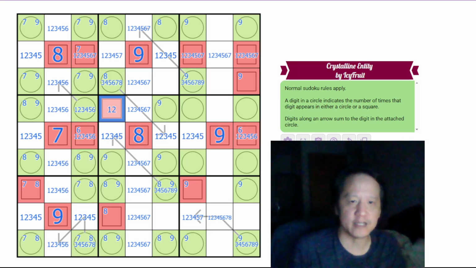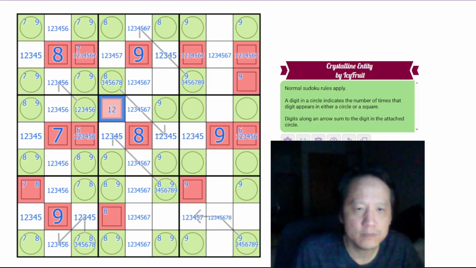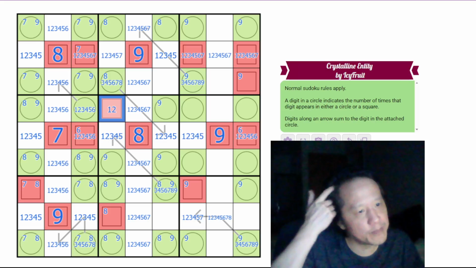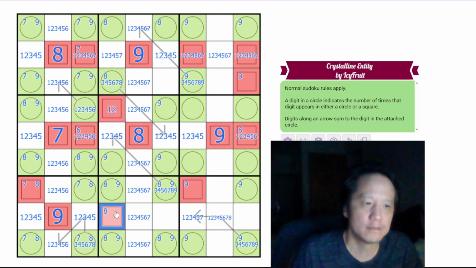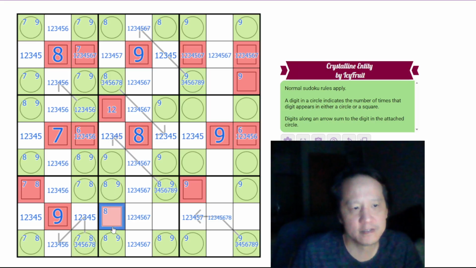That's fascinating, actually. So 2 can appear 4 times, 1 can appear 3 times. We just don't know which one it is. So this digit does not match that one. So this could be an 8.